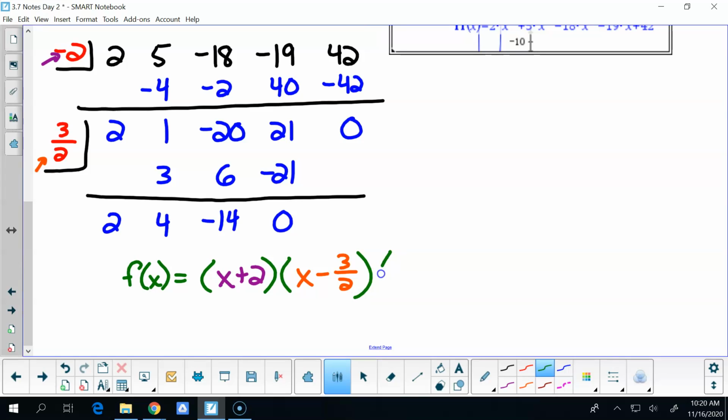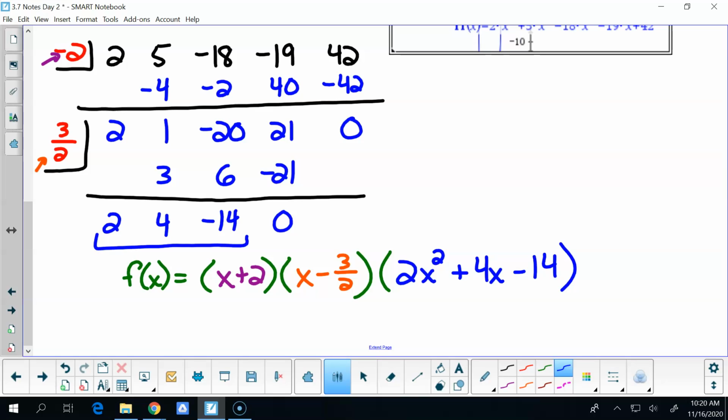And then I've got this blue thing right here. We chopped it, we took out 2 zeros, so that means it started out as a to the 4th. So then that's going to be 2x squared because I took out 2 zeros, plus 4x minus 14.